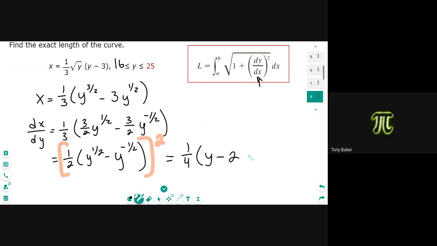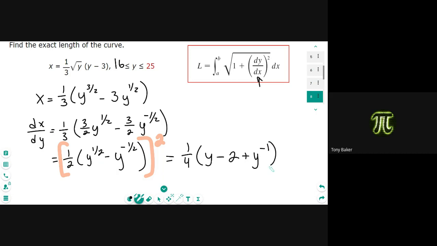Tell me where you got it from. The middle terms. y to the 1/2 times y to the negative 1/2 is 1, and you have 2 of them, because you have to do the opposite direction too. And then plus y to the negative 1.